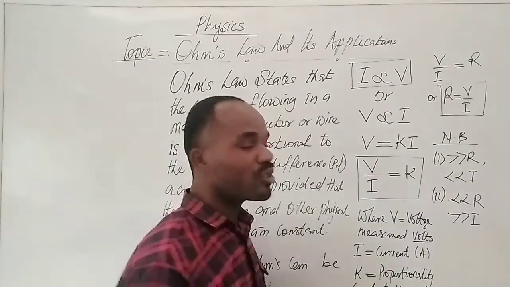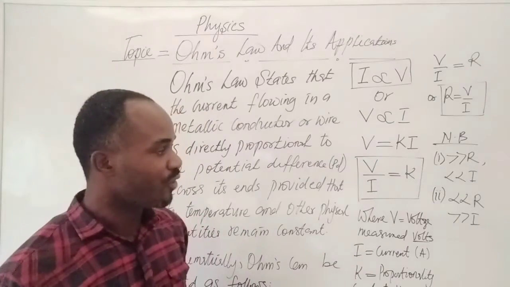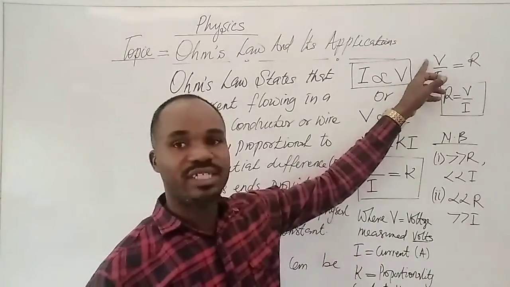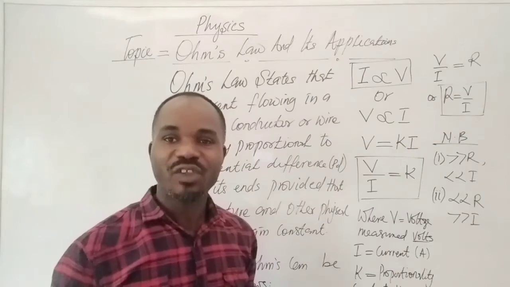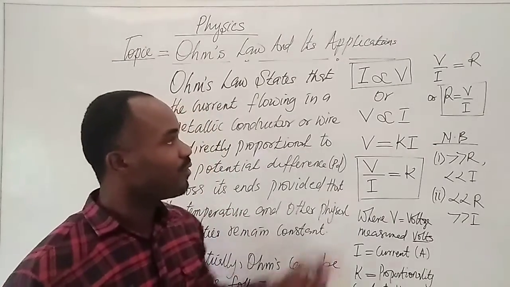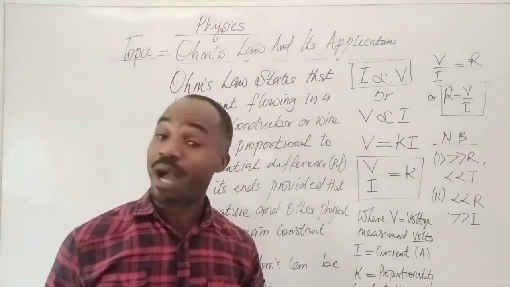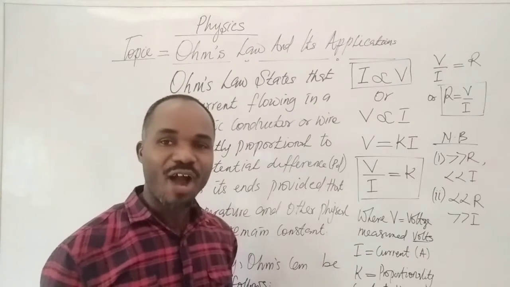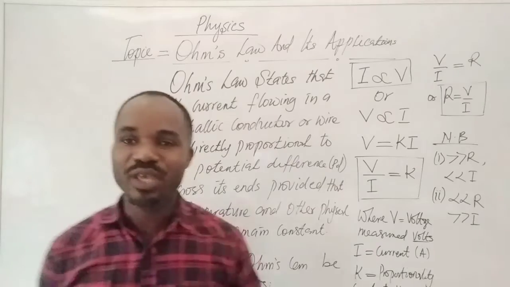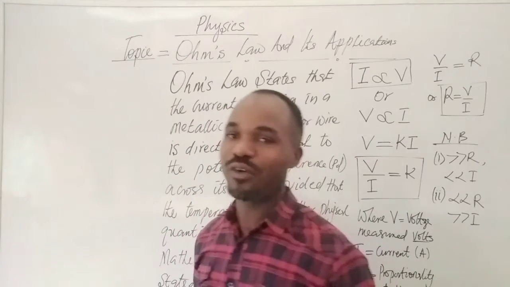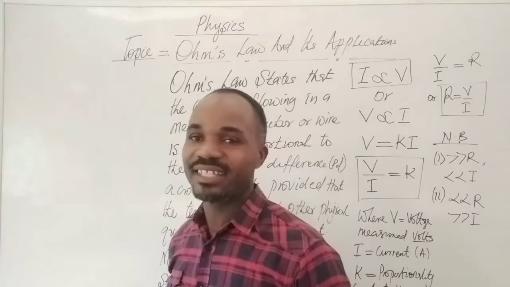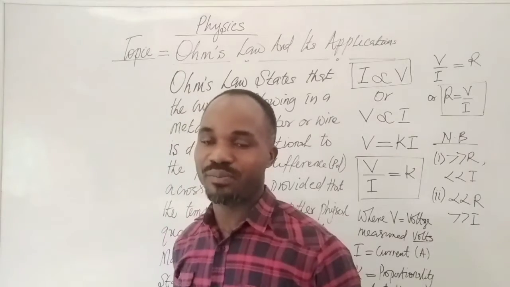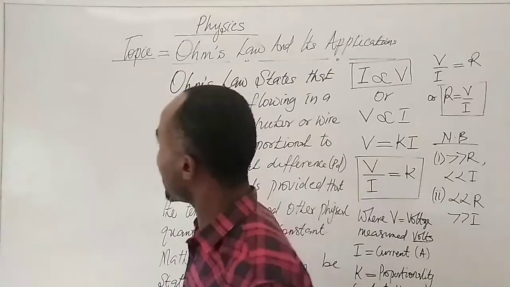So the next thing we are going to consider is the relationship between voltage and current. If the values of voltage are plotted against the values of current I, how would they behave? They will behave in a uniform manner, and that uniform manner is known as a linear relationship. It's a straight line relationship.